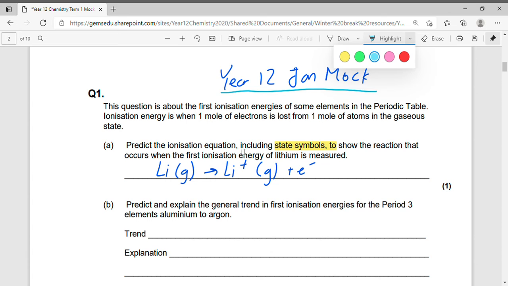Next question. Predict and explain the general trend in first ionization energies for the period 3 elements, aluminium to argon. Hold on one second, let me pull up the periodic table.